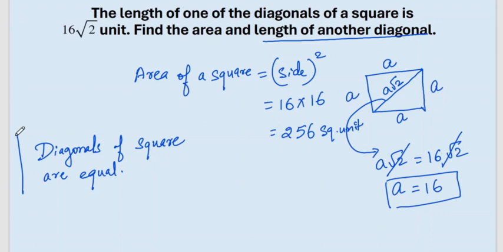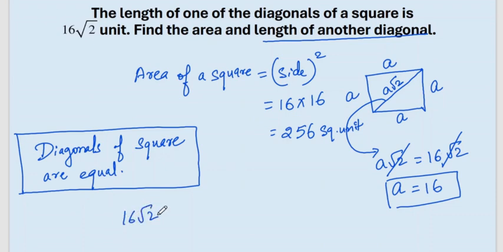That means the length of both the diagonals of the square are same. So if the length of one diagonal is given as 16 root 2 unit, then the length of other diagonal will also be equal to 16 root 2 unit only. Okay, next question.